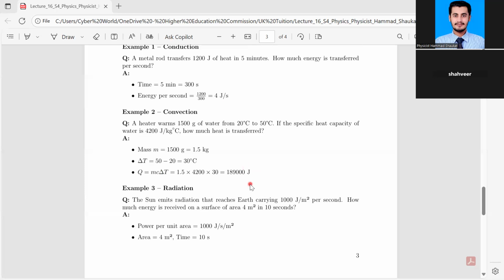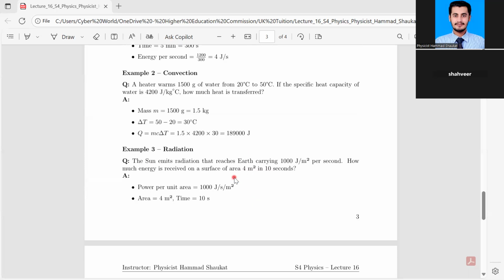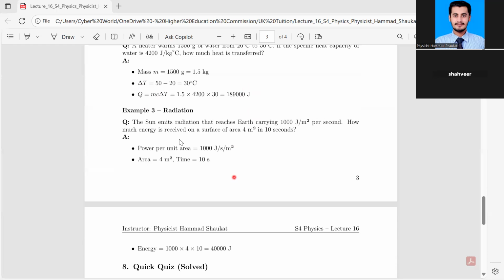Any question? No. Okay. So the last problem is from radiation. The sun emits radiation that reaches Earth carrying 1000 joule per meter square per second. How much energy is received on the surface area of 4 meters square in 10 seconds?